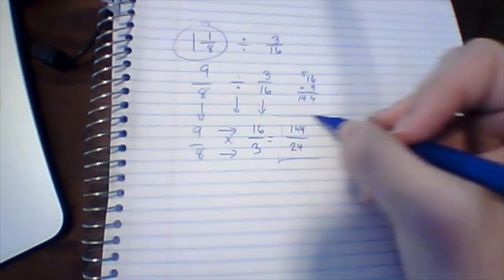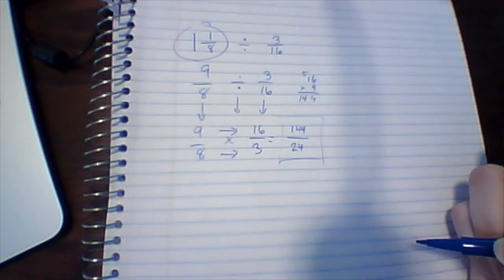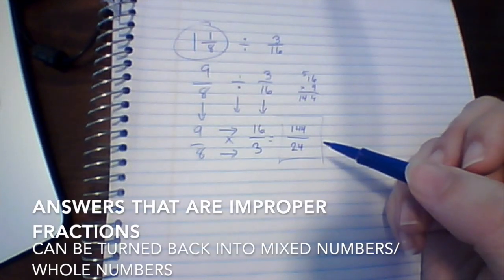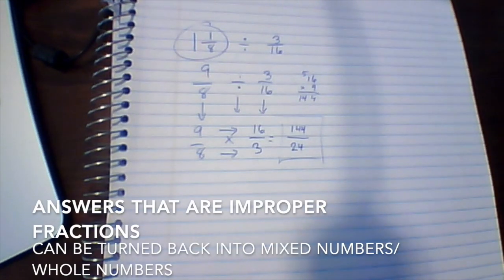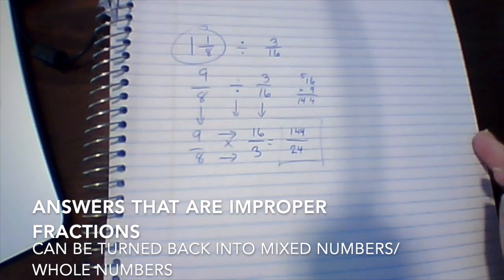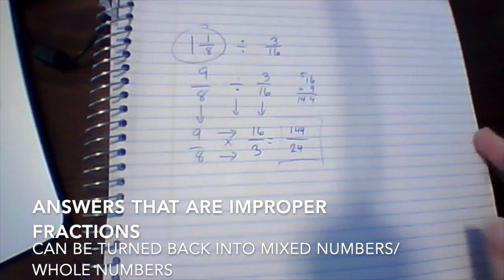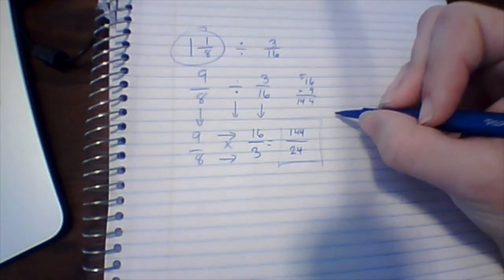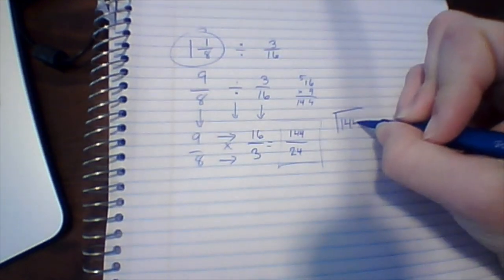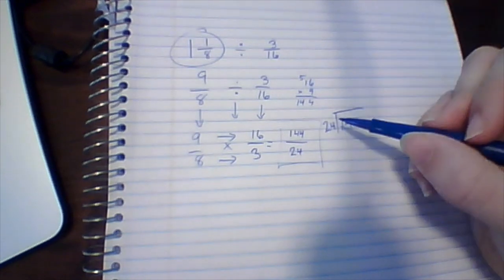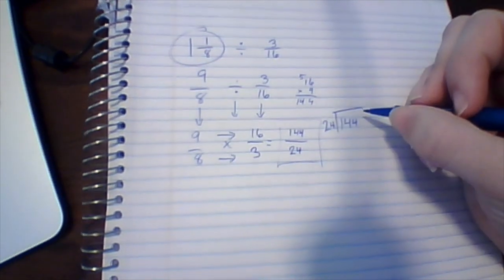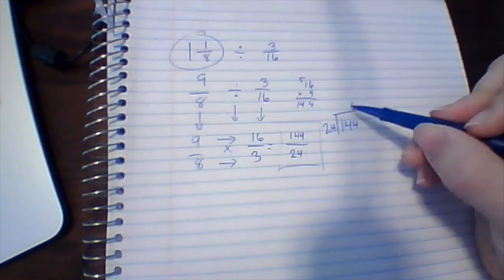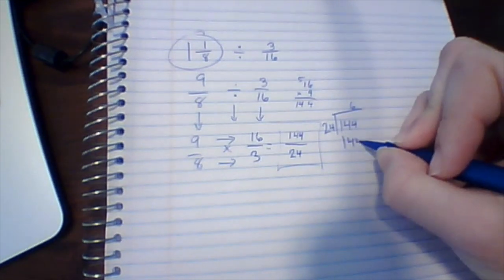Now, again, this is the 6th grade portion that you need to get to, but you can always turn this into a more simplified and proper form. So 144/24, you can divide 144 by 24. 24 goes into 144 6 times. 6 times 24 is 144.